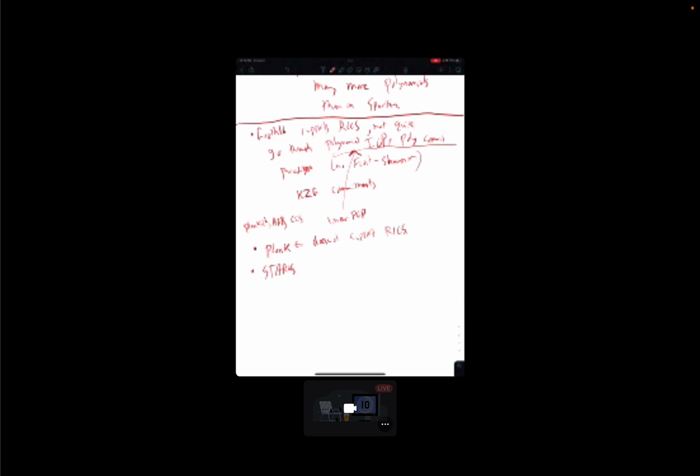The community viewed Spartan and Marlin as supporting less general kinds of circuits, because people didn't think they could support Plonkish and AIR, which is what people seem to want to use rather than R1CS. In fact, the opposite is true. They can support Plonkish and AIR, and they also support R1CS, whereas Plonk does not support R1CS. And STARKs support AIR. They do not support R1CS.